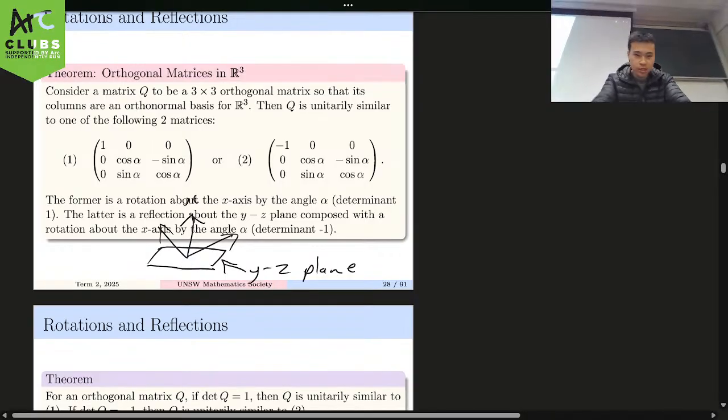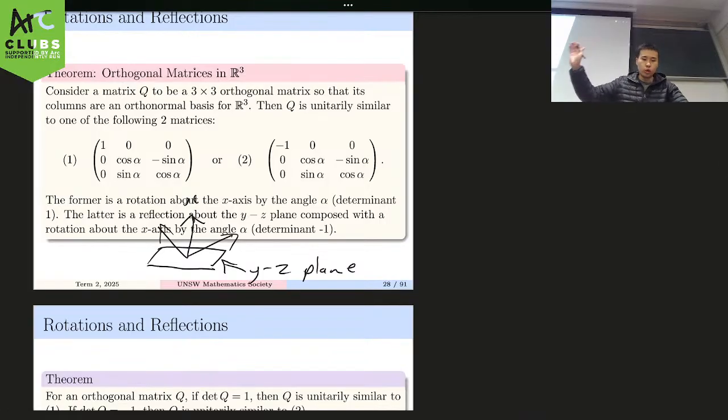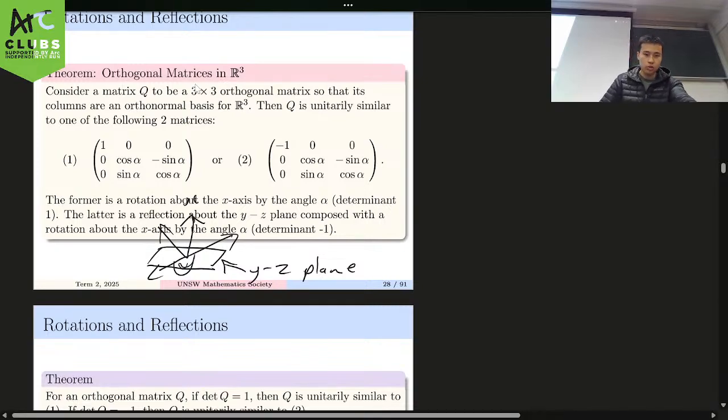However, if it's the second one, it will make a reflection through the plane normal to your eigenvector. It's meant to be through that plane there, and then you do your rotation. Hopefully my drawing isn't too bad, but that's what it means for the second: do the reflection and then your rotation here.